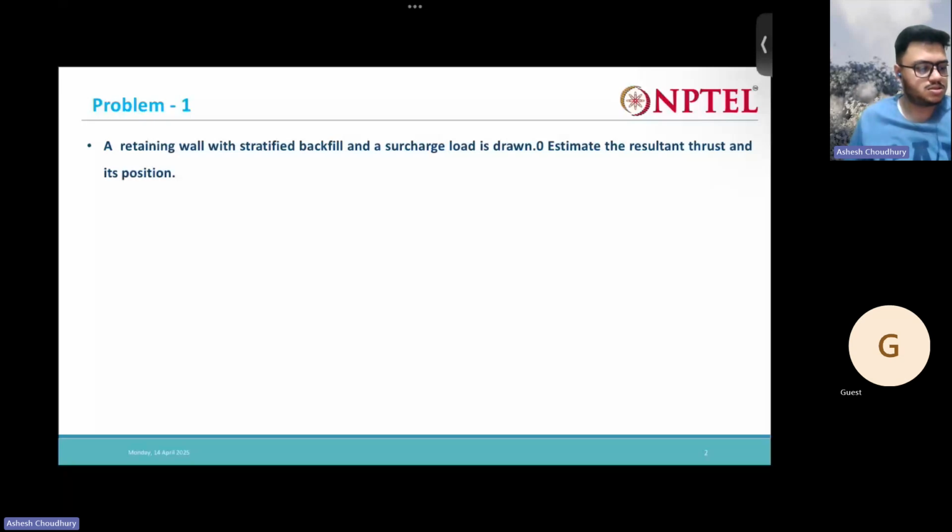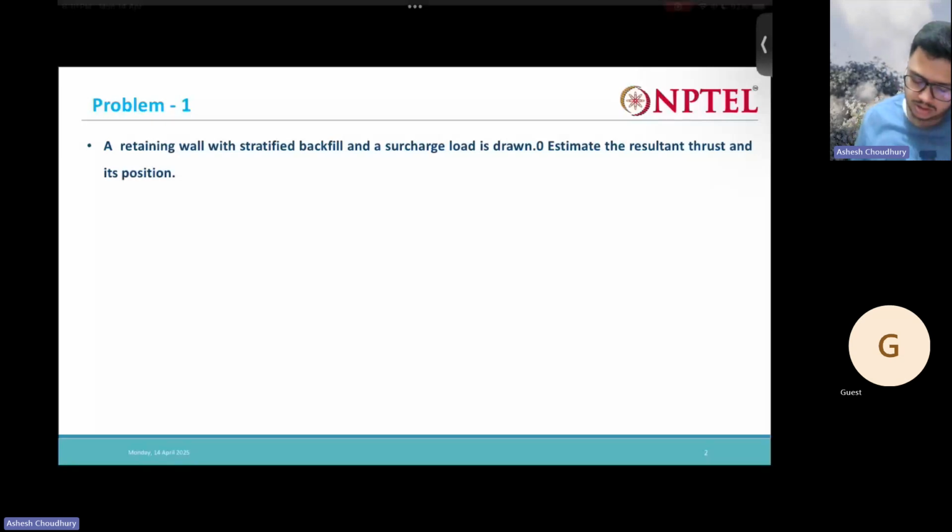So let's see this problem. A retaining wall with stratified backfill and surcharge is given. Estimate the resultant thrust and its position. I'll draw the retaining wall first.